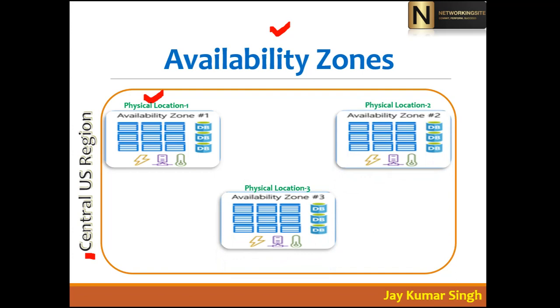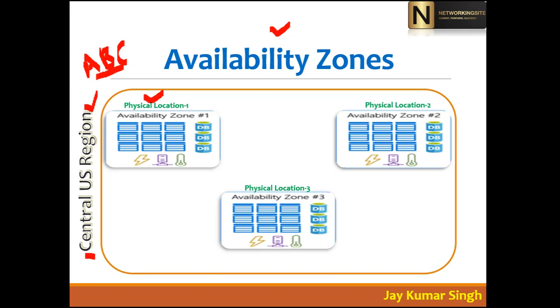Now you can see in one physical location, if I'm talking about the Central US region, for example, the Central US region is located in some place, just take the example of an ABC location. This ABC location is one physical location.